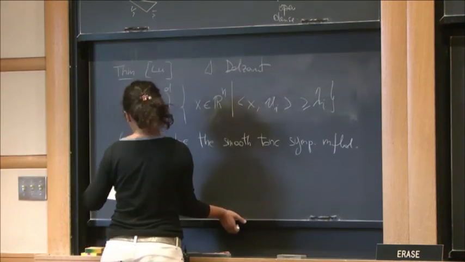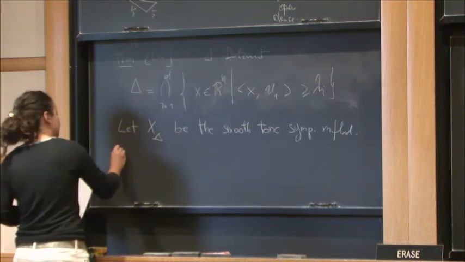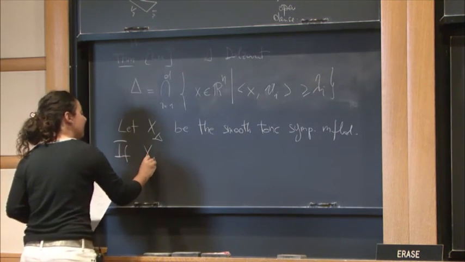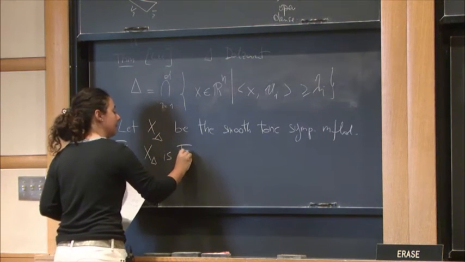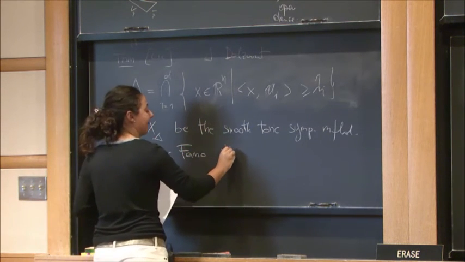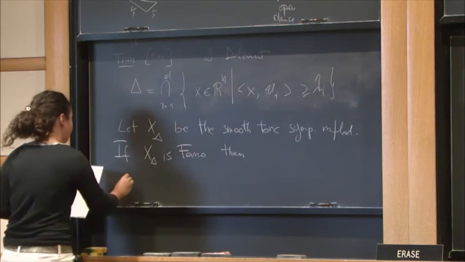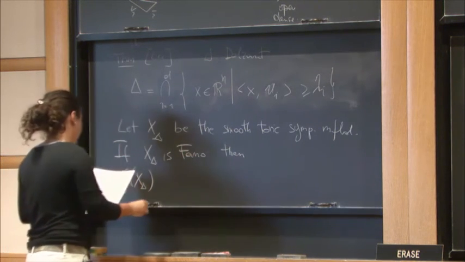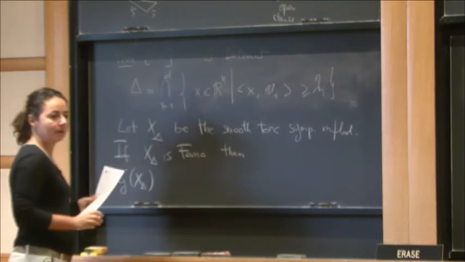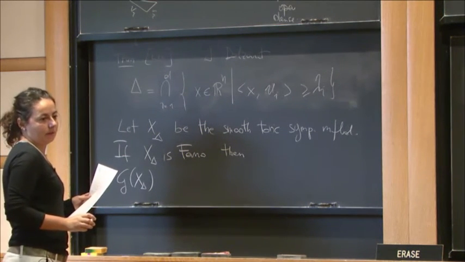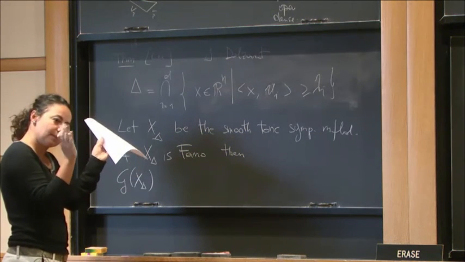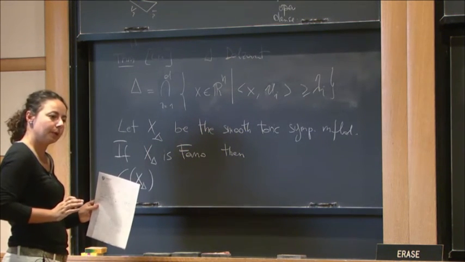Then, and this is really crucial to us, if X_delta is Fano, then the Gromov width of X_delta is, I think I mean symplectic Fano. I mean that I don't want this shape in the moment polytope.